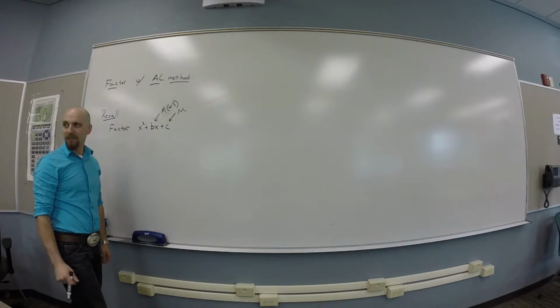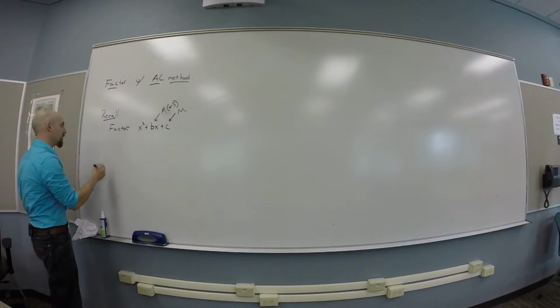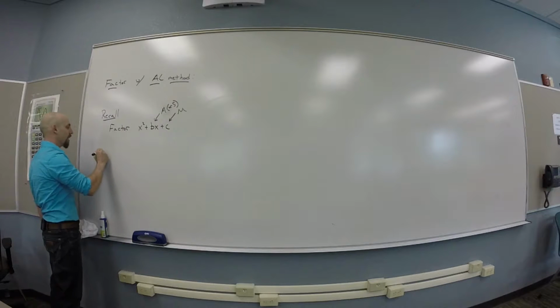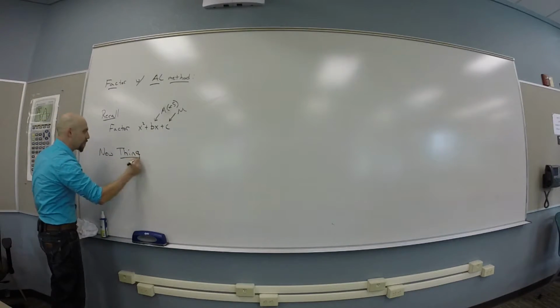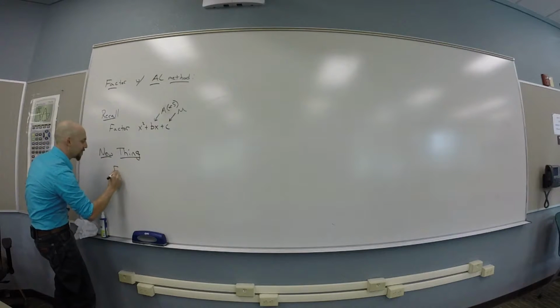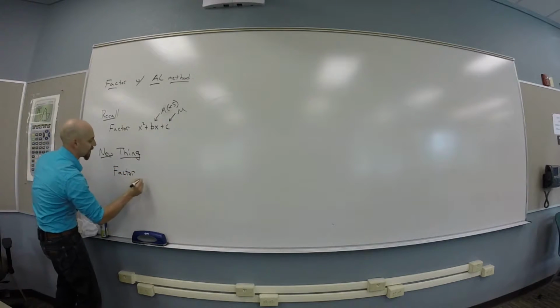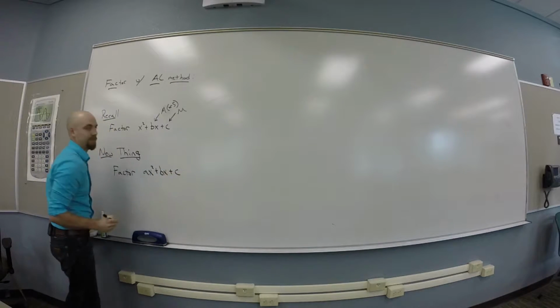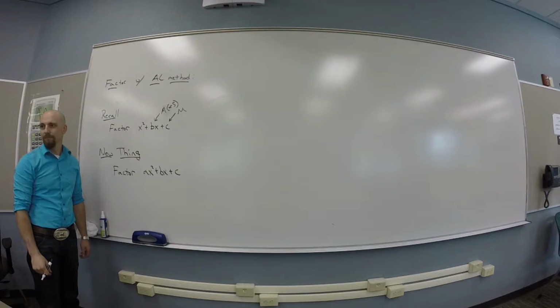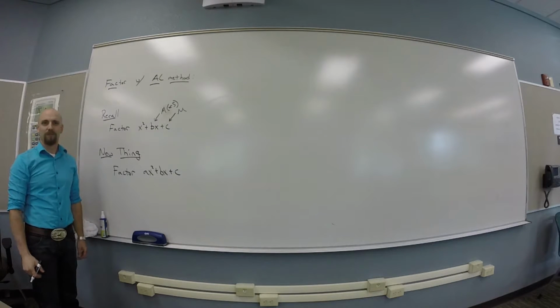That same kind of thing is going to continue today, but our problem is going to be this new thing. I'm sure you'll notice what makes it different: we would like to factor something that looks like ax squared plus bx plus c. Does that make sense?